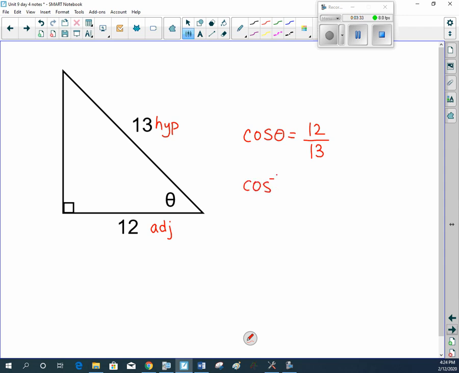So inverse cosine of 12 divided by 13 equals theta. Type that in your calculator, inverse cosine of 12 divided by 13, and theta is 22.6 degrees.